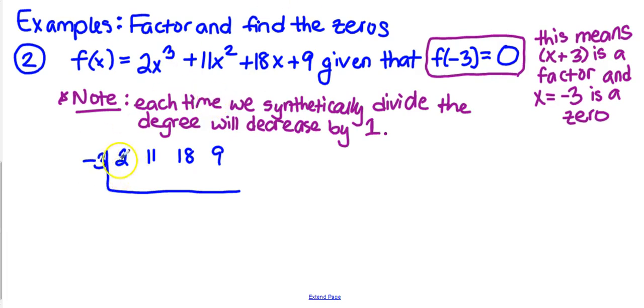So I drop the 2, multiply, negative 3 times 2 is negative 6. 11 minus 6 is 5. Negative 3 times 5, negative 15. Adding straight down, I get 3. Negative 3 times 3 is negative 9. Add straight down, we get 0. So I expected to get 0 as a remainder because I was told f of negative 3 equals 0.